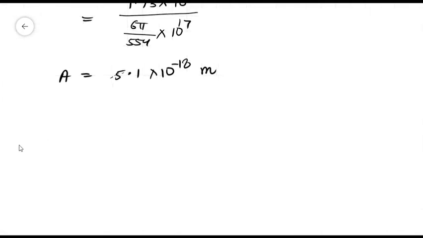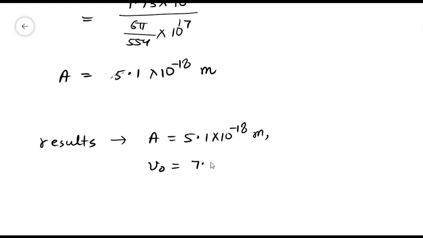So the results are: the amplitude of displacement is 5.1 times 10 to the power minus 18 meters, and the amplitude of velocity is 1.7 times 10 to the power minus 2 meter per second.